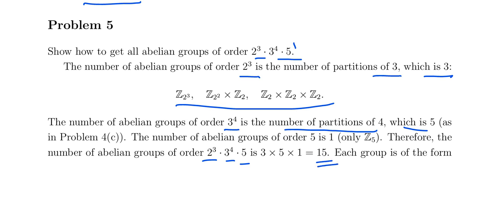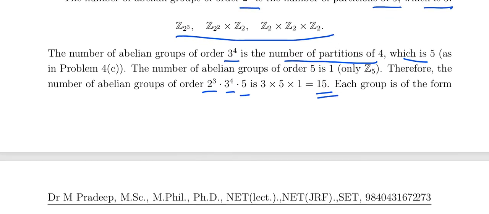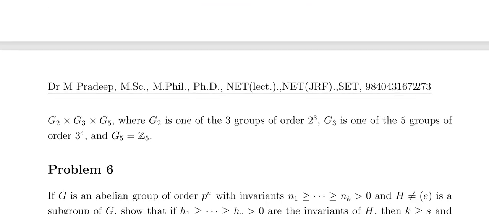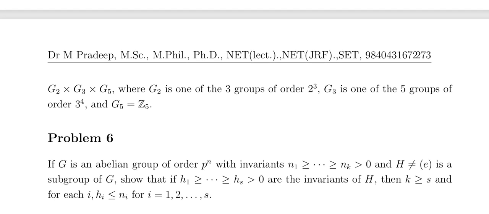Each group is of the form G2 cross G3 cross G5. G2 is one of the 3 groups of order 2 power 3, G3 is one of the 5 groups of order 3 power 4, and G5 is equivalent to Z5. So it's a very important simple problem.